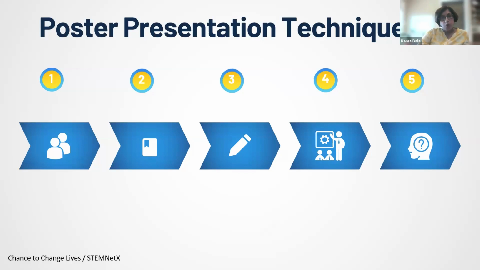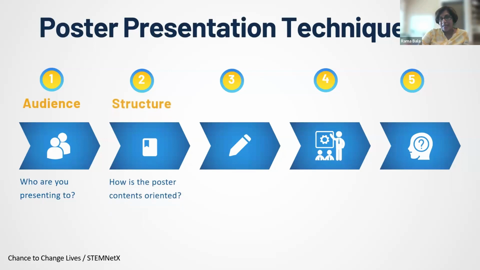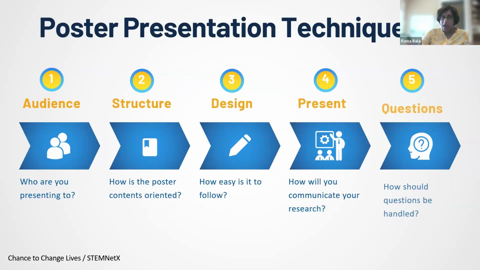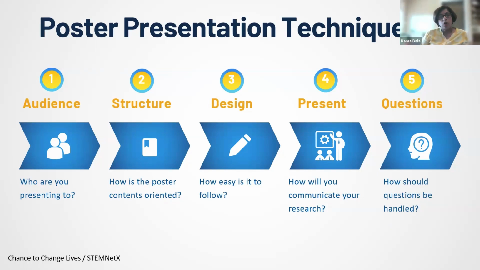So when it comes to posters and creating posters, there are some techniques and tips that are useful for us. For example, as you think of presenting posters, you may want to think about who you are presenting to. So having an idea about the audience attending your presentation is important.